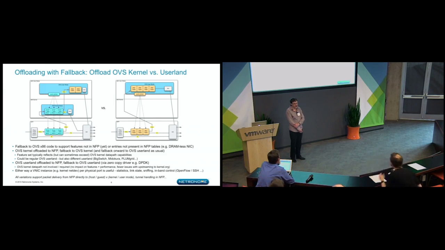So this is not a nice thing to do, to just do it on the right-hand side if we're trying to please the people that depend only on the kernel offload. And still, just like in the previous case, you can have these netdevs in the kernel to represent statistics, to allow people to manipulate link state, and so on. And again, either can support delivery to VMs.